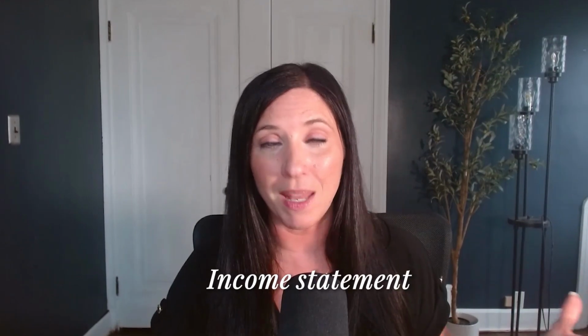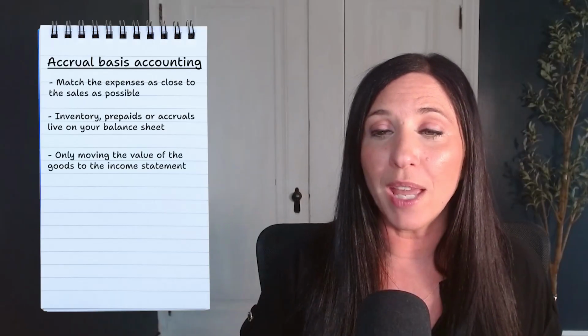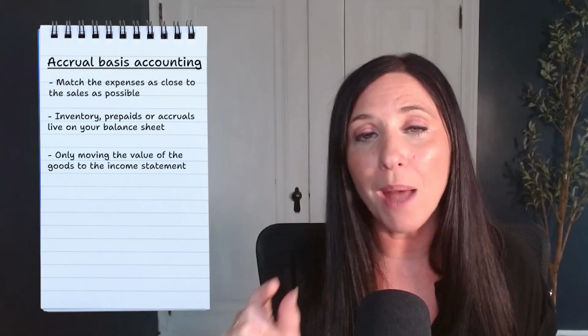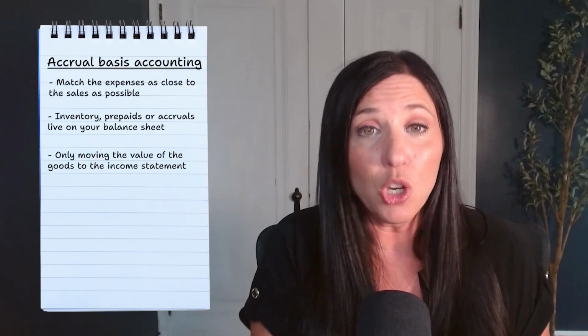When you actually sell your product, you're going to relieve inventory and you're going to move that expense to the income statement. Now, you're only moving the value of that piece of the goods that you are selling. So if you have $20,000 sitting in inventory, you're only going to move the value for selling one individual piece of your product to the income statement.